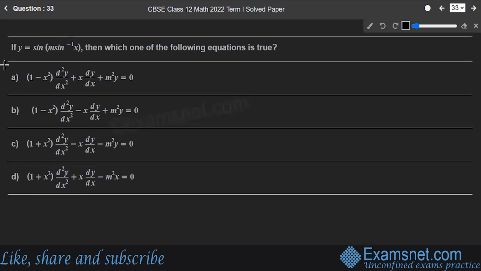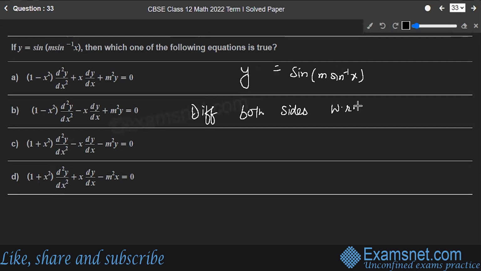Question number 33. If y is equal to sine of m sine inverse x, then which of the following equations is true? You have y is equal to sine m sine inverse x. Let's differentiate both the sides with respect to x.